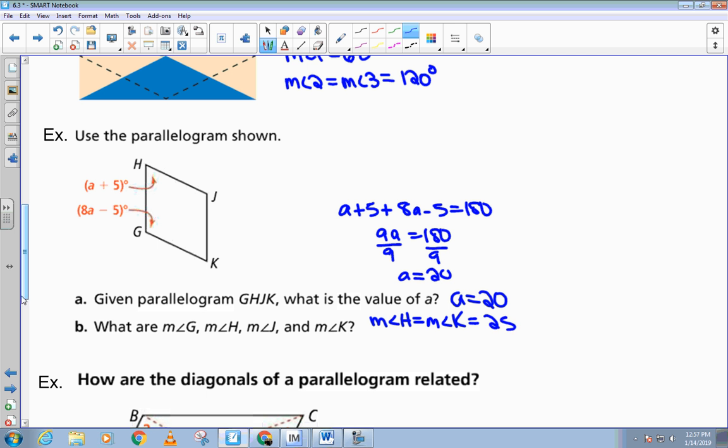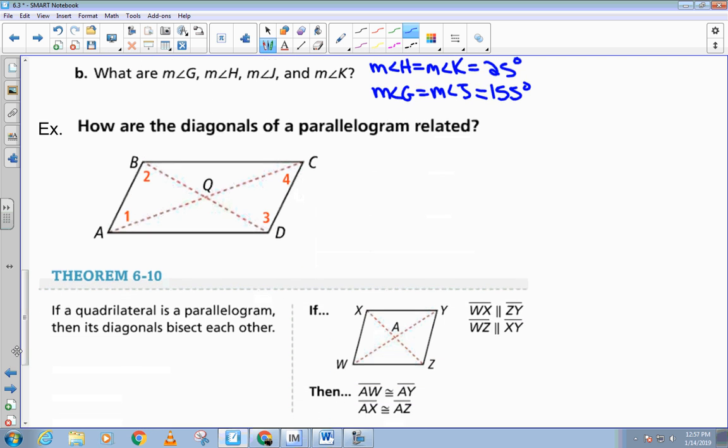Okay, and then we also know that the measure of angle G equals the measure of angle J. What's the relationship? They're supplementary, so subtract from 180, and what's that give me? 155. So either way, just subtract the 25 from 180. Alright.